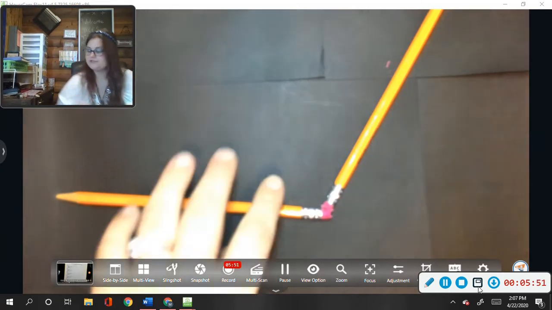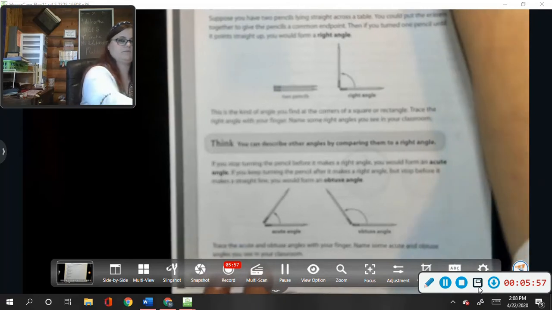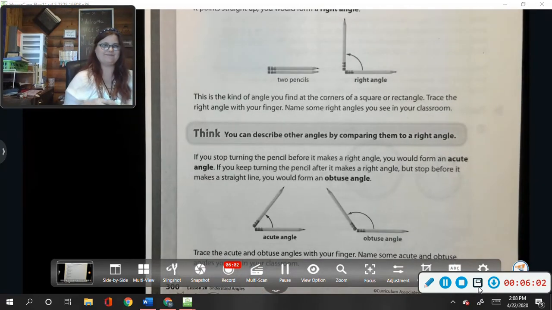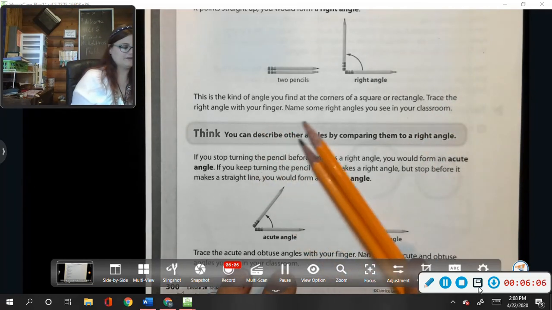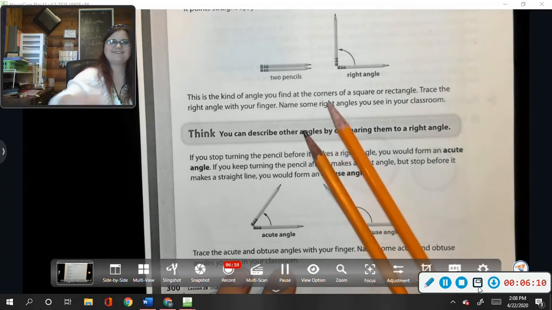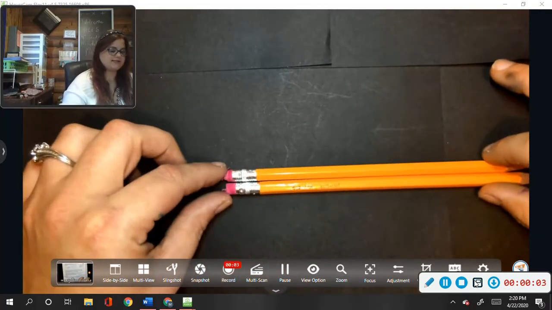Alright, so back to our workbook. Mom, I found a tangled flower. Y'all hang on just a second. Alright. Sorry about that. I had to take care of the child.